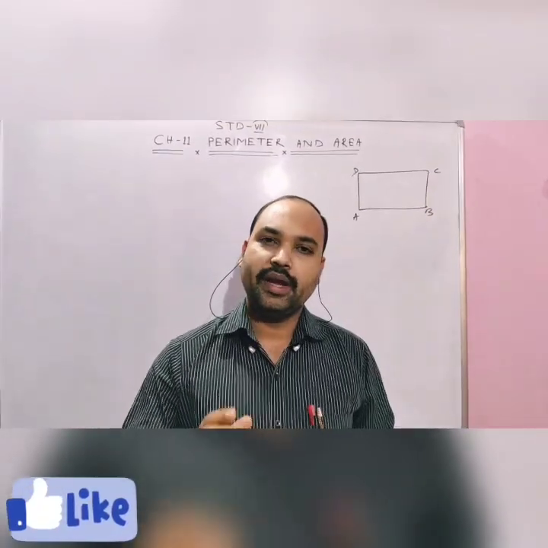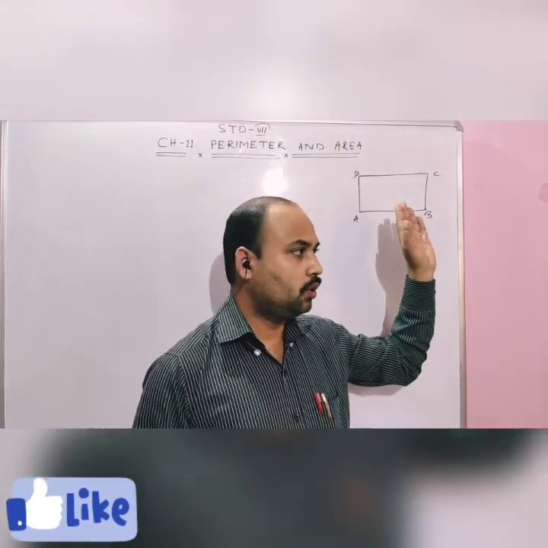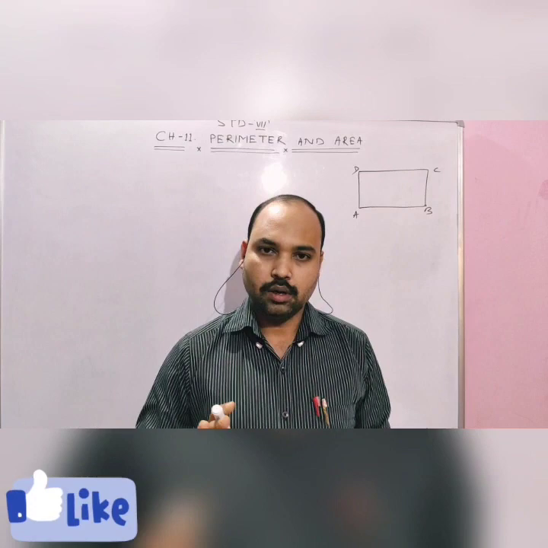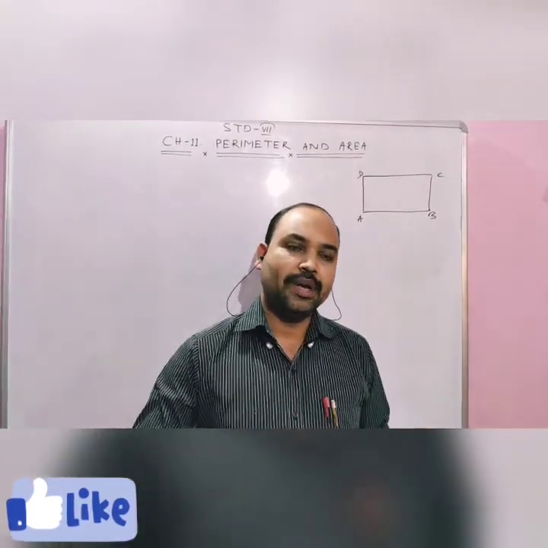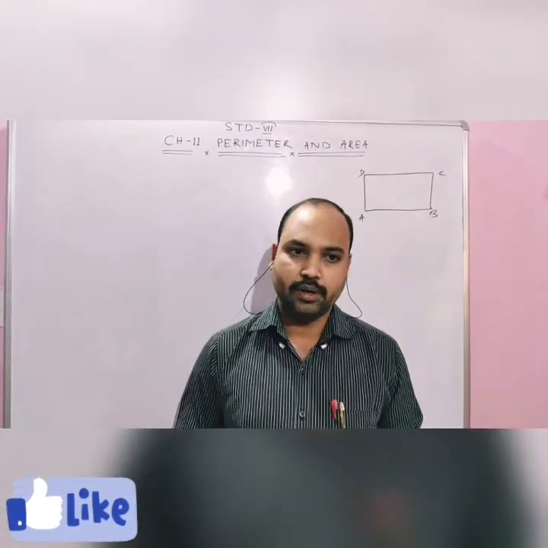It means when we find the perimeter of any closed figure, we have to add the lengths of its boundaries. Got it? The perimeter is the measurement of the total length of its boundary.